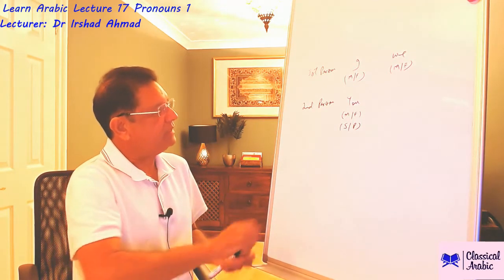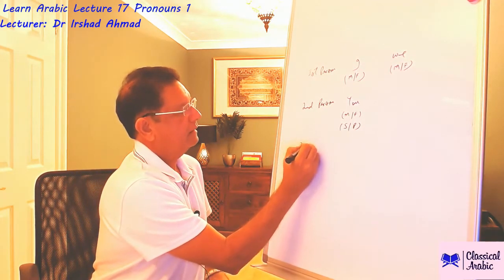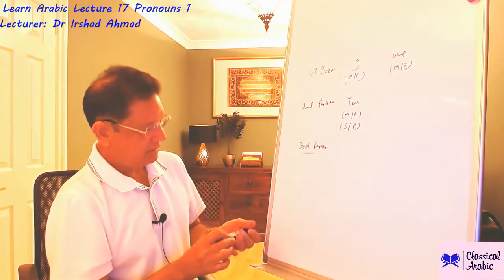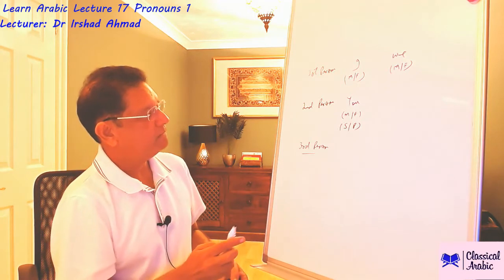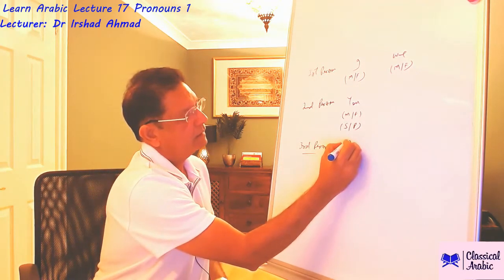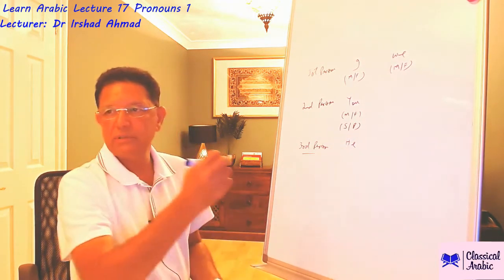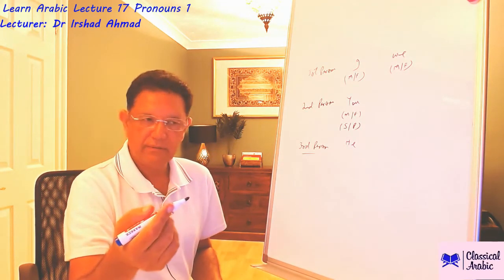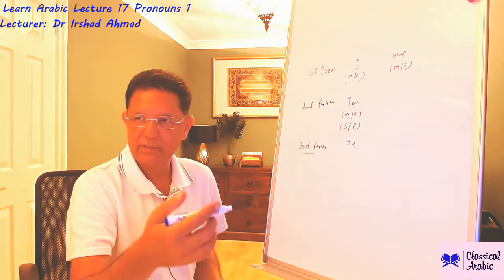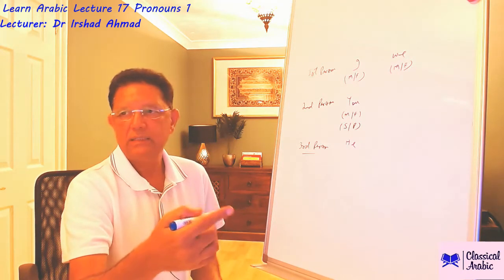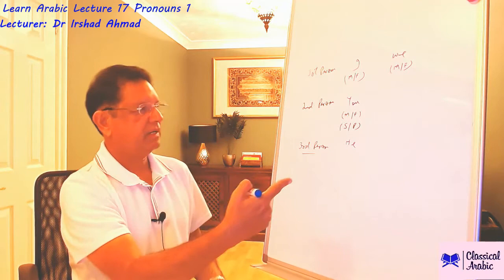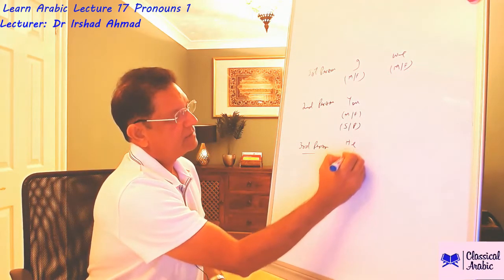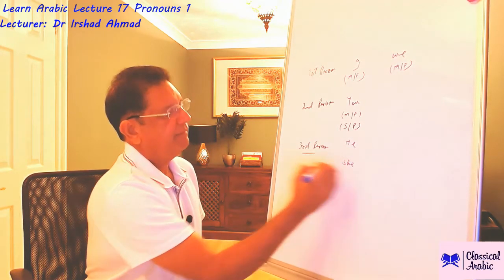What about third person in English? In third person we will say he. We're talking about somebody who is not part of the conversation, either absent from the place where the conversation is taking place or sitting somewhere else at the same place but not part of the conversation. So that's third person. He is masculine and she will be feminine.